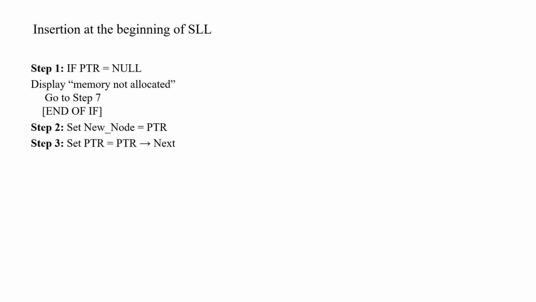Now, let's start with the algorithms. In this algorithm, we are going to insert a node at the beginning of the linked list. So let's take one example here. I'm taking three nodes, which are already there in the linked list.